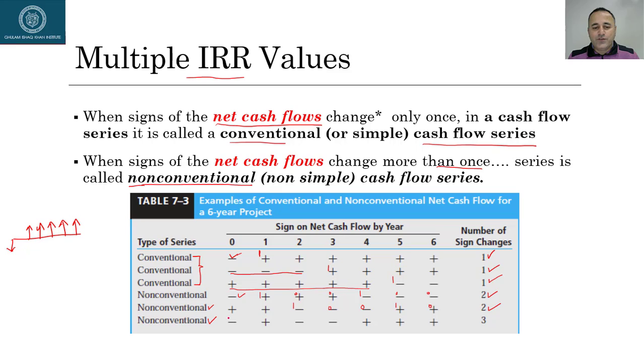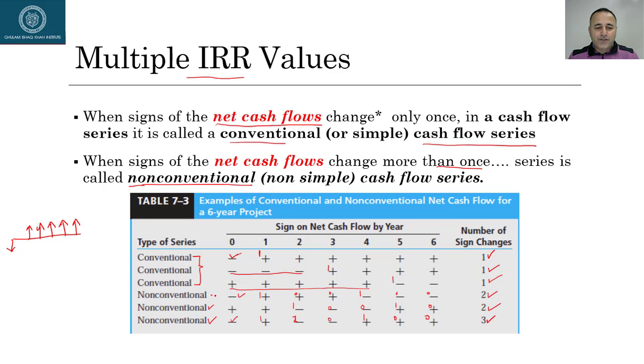In the last cash flow series, it started negatively. So there is the first change in year number 1, a second change in year number 2, no change here, a change again, no change, and no change. And as you can see, it's 1, 2, and 3. So the total number of changes is 3.